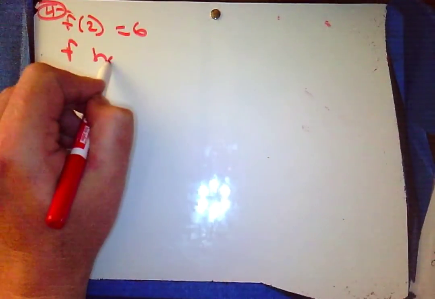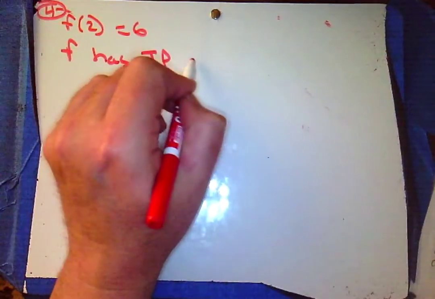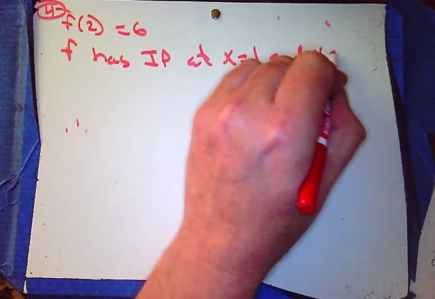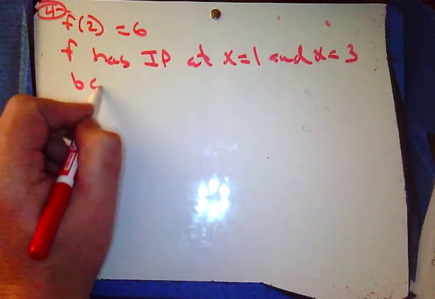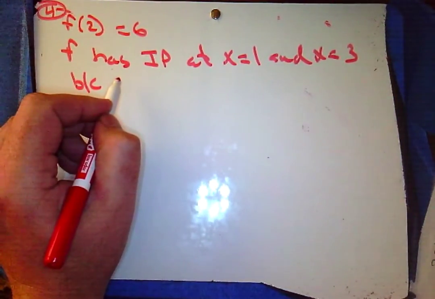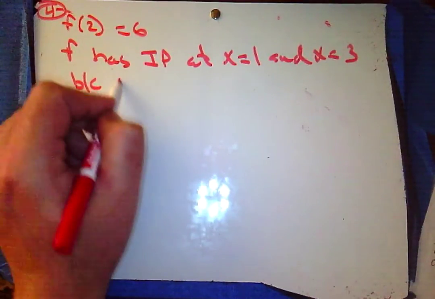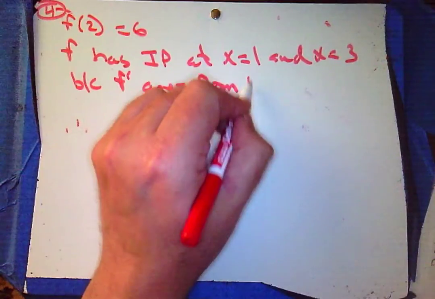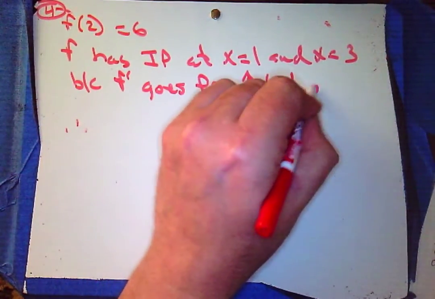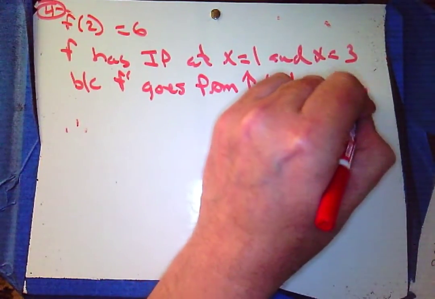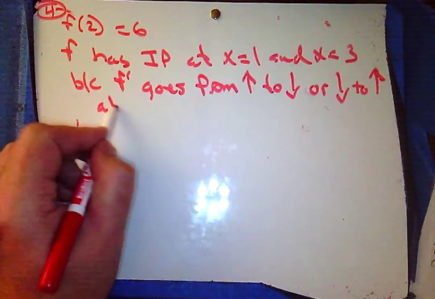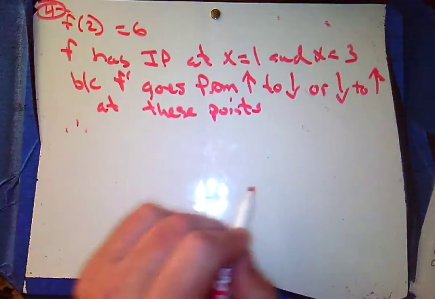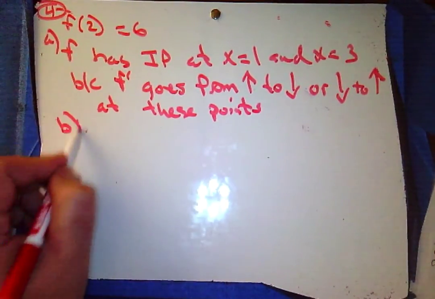F has inflection points at x equals 1 and x equals 3 because f prime goes from increasing to decreasing or decreasing to increasing at these points. Done. Part A.